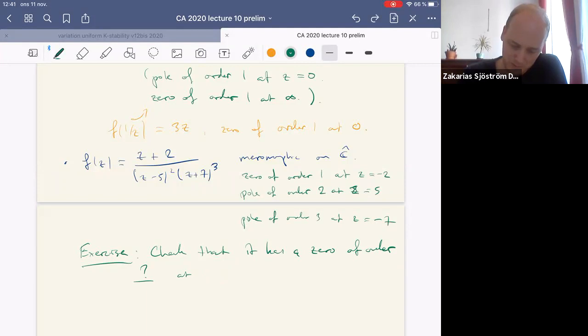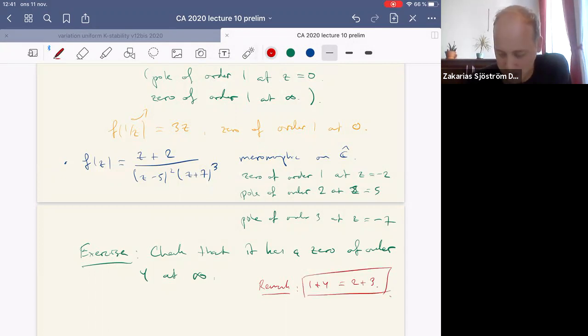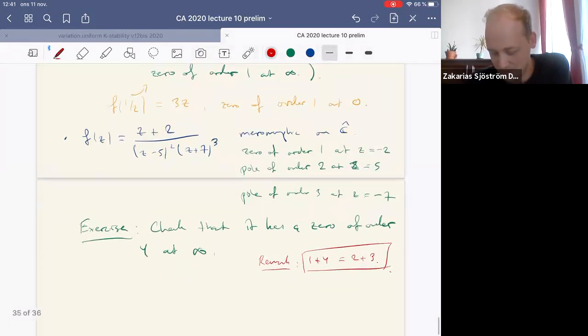It would be 4. And remark, just the last thing, is that 1 plus 4 is equal to 2 plus 3. Think about that. Now I will leave you with that mysterious comment. It's related also to an exercise on the homework sheet, homework number 4, which I will send to you right after lunch.